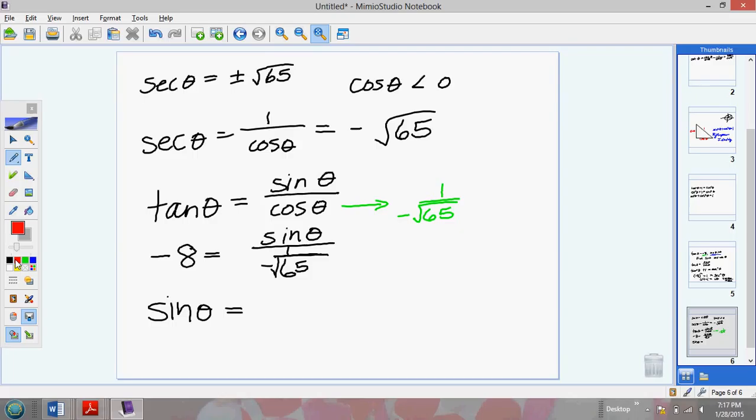No, that's right, I'm sorry, that is 1 over negative square root of 65. So sine of theta is actually 8 over the square root of 65. In your book, you might see that rationalized, because they rationalized the denominator. So this is the value for sine theta.